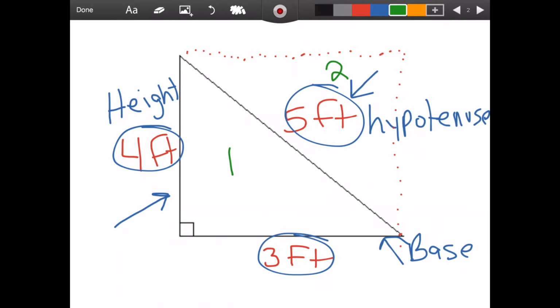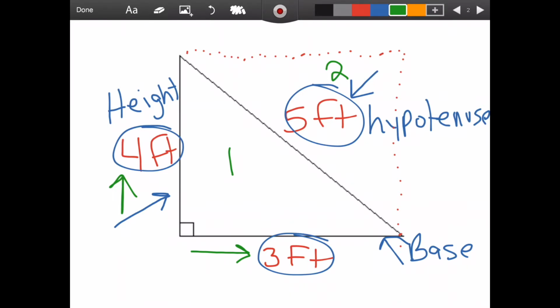Now, the reason this is important is because we already know how to find the area of a rectangle. So to find the area of a rectangle, remember we needed 2 things. We needed to know the length and the width. And we have those 2 things in 4 and 3 right there on the outside.